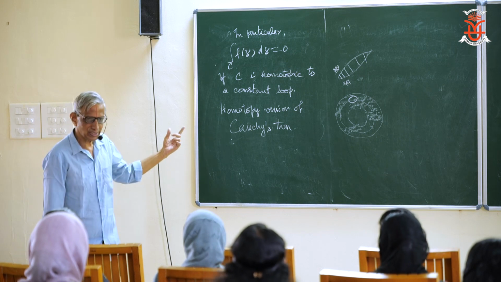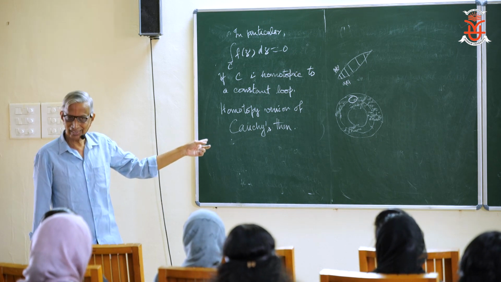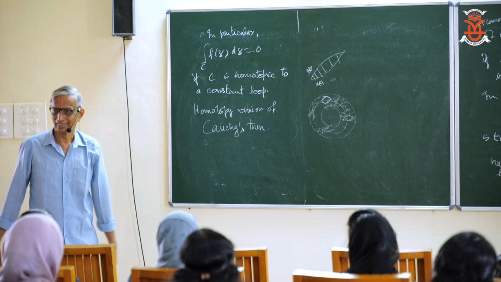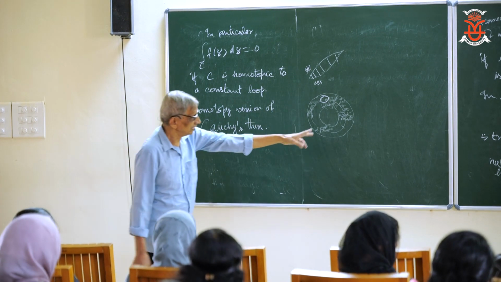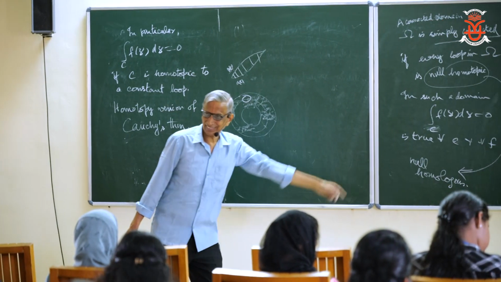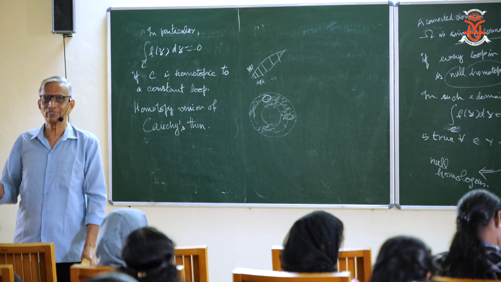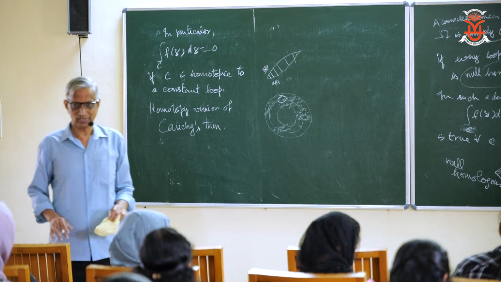But if C is homotopic to 0, then it is homologous to 0 and therefore the integral is 0. So this actually follows from that and this from that. That's why Ahlfors calls the homology version the final and most complete version of Cauchy's theorem.